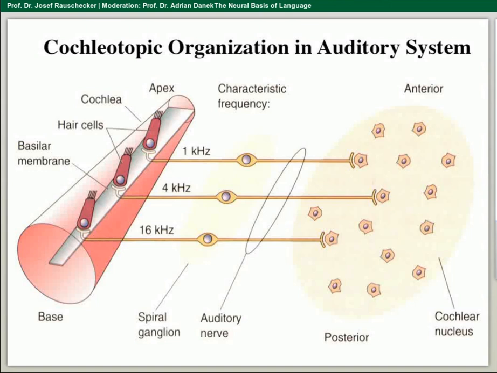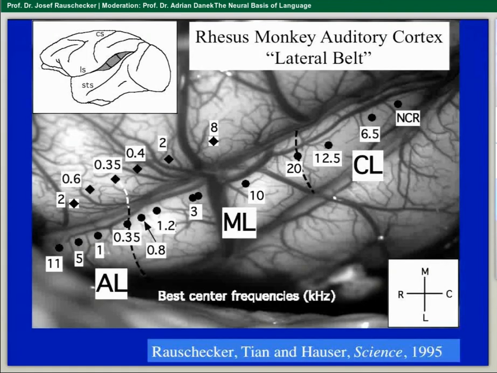And this is important to understand because everything that is represented here, the receptor cells here, project up into the brain, first the brain stem, the cochlear nucleus, and up to the auditory cortex in the same fashion. So we get the same principle of tonotopic representation where high frequencies are at one end, and low frequencies are at another end, all throughout the auditory system, up to the auditory cortex.